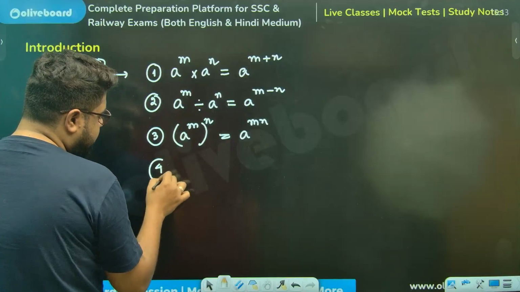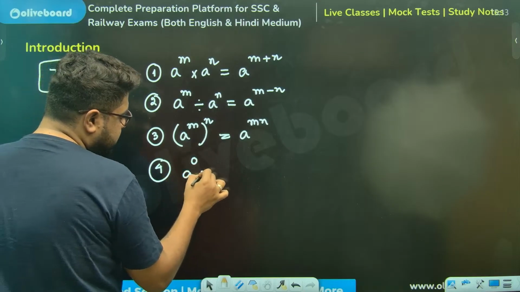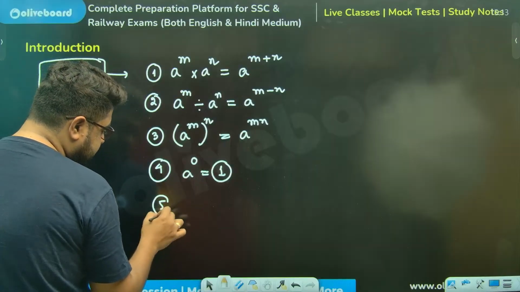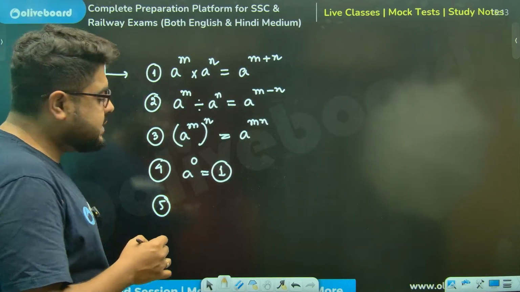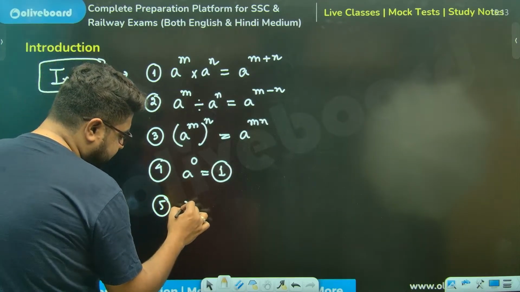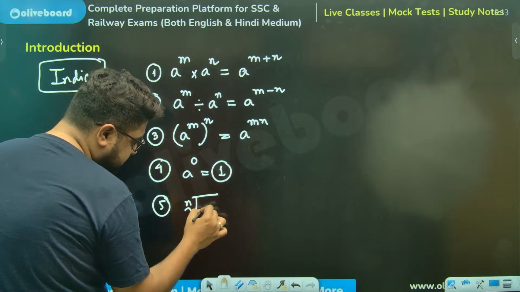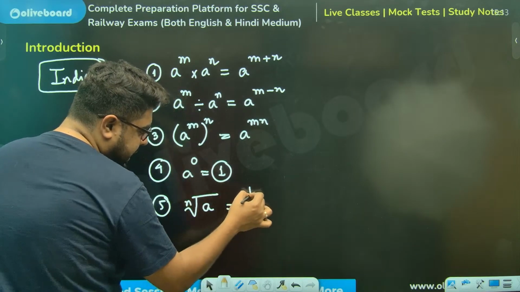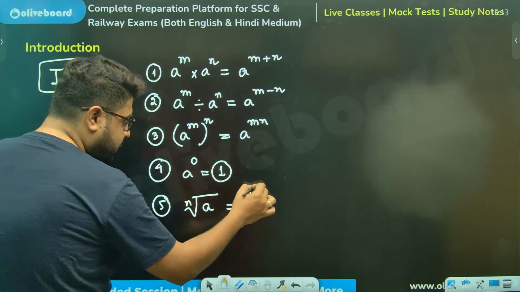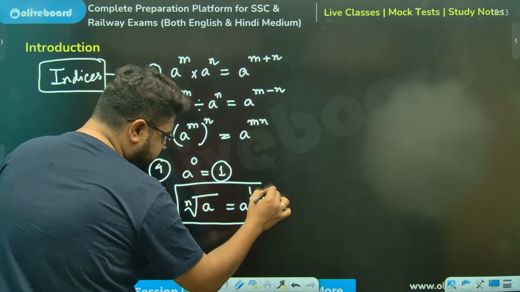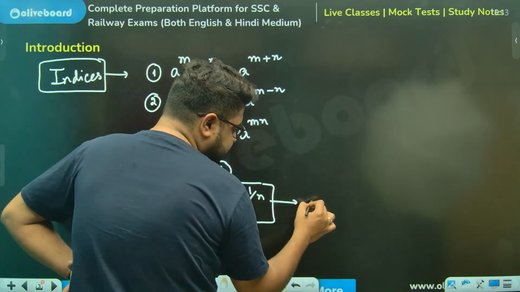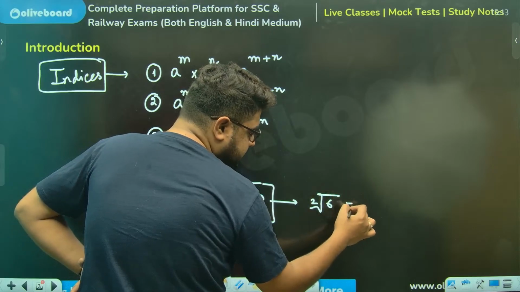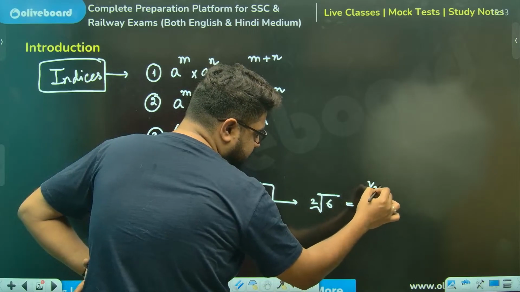Another very important one: anything to the power 0 is always 1. Also, the nth root of a number means the number to the power 1 by n. If I say square root of 6, this means 6 to the power 1 divided by 2.